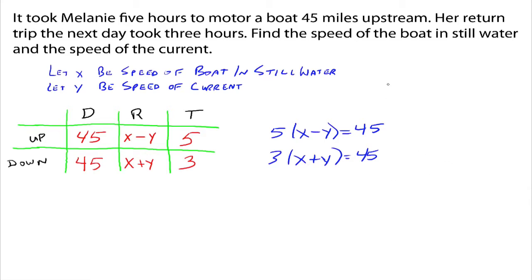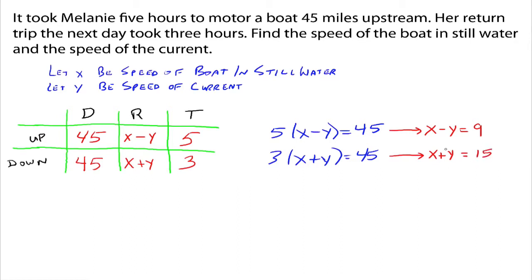Ready to see that? Okay, so then this means that we can divide both sides by 5, right? This is 5 times (x minus y) equals 45, but we can just divide both sides by 5 and get x minus y is equal to 9. And down here, we can divide both sides by 3, because it's 3 times (x plus y), and that would just give us x plus y, and 45 divided by 3 is 15.